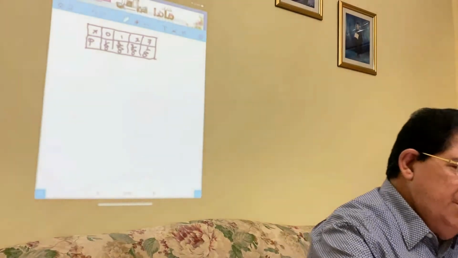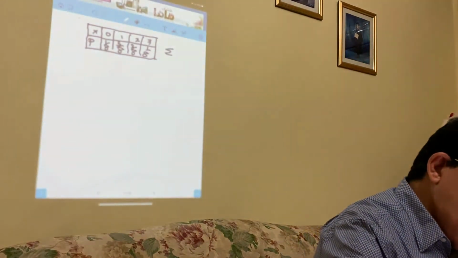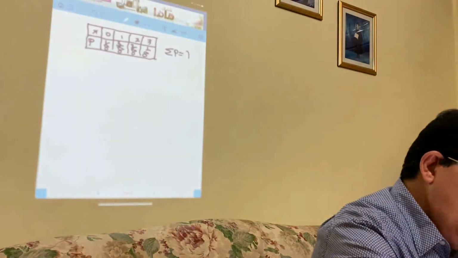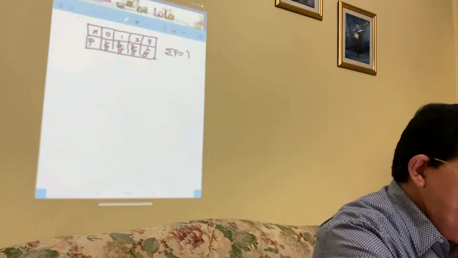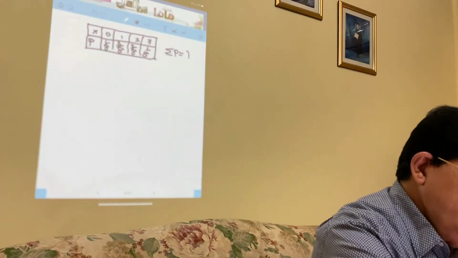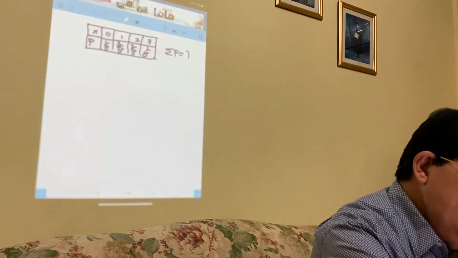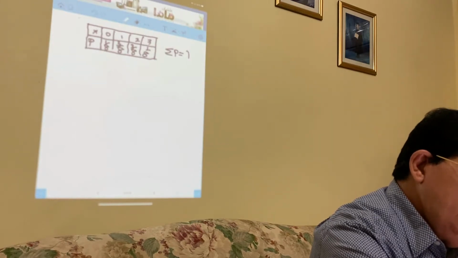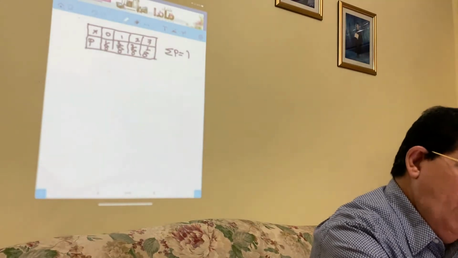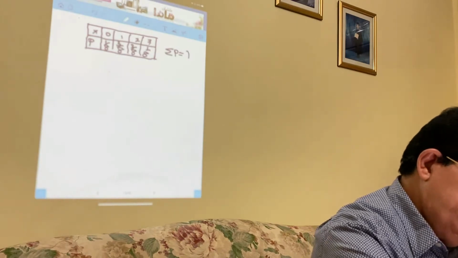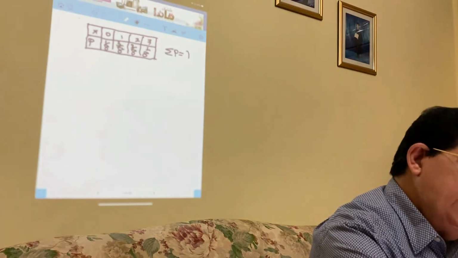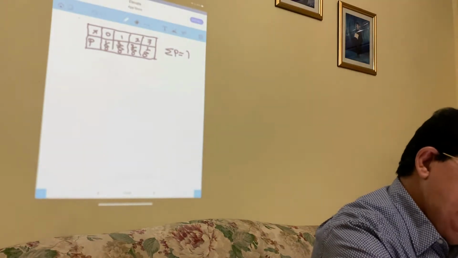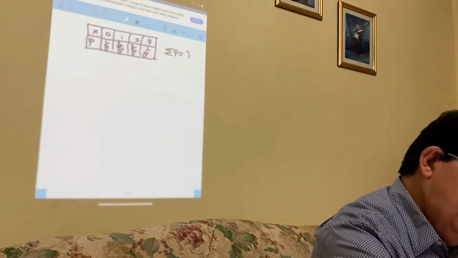And we know that sigma p is 1. What does this table give us? It gives us what we call a probability distribution.